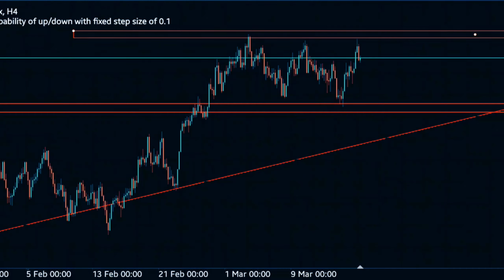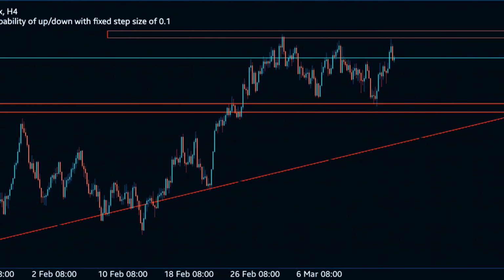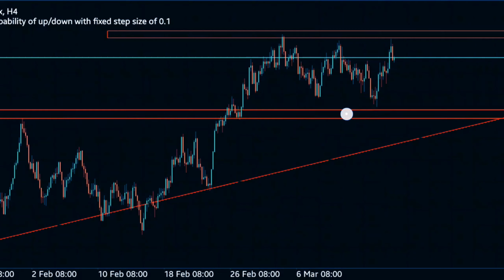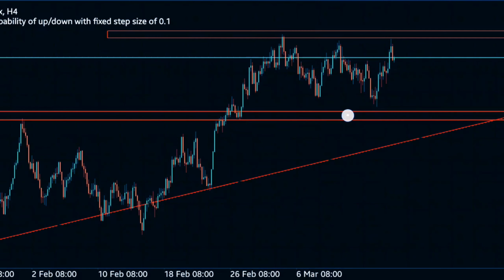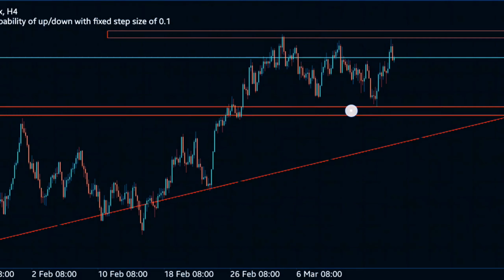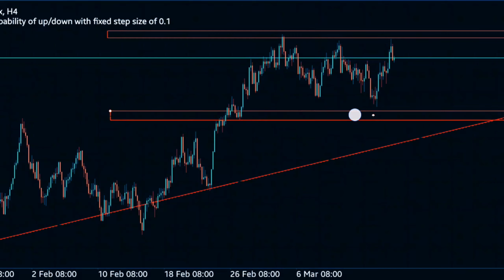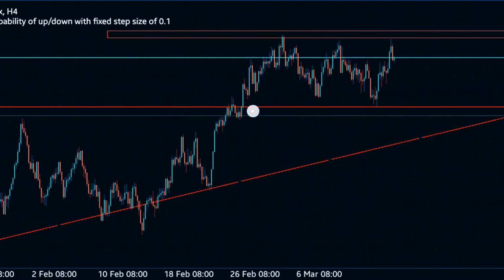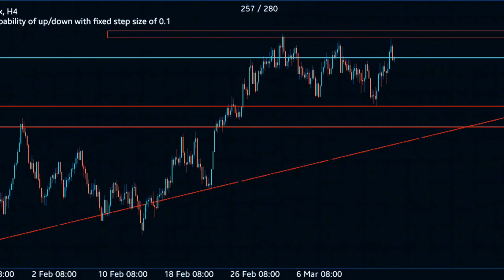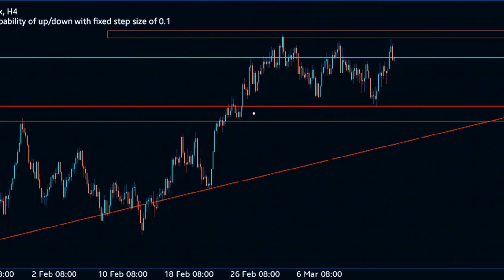All right, for my people who do SMC, this would most likely be what they call your order block. Yes, that will most likely be the order block. Let me bring this here, the smart money concepts.